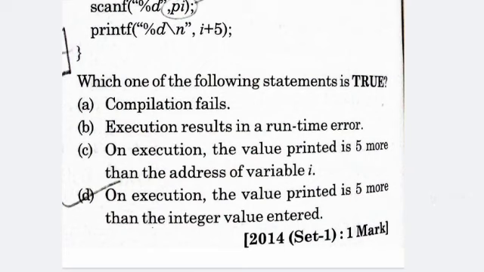Option A, compilation fails. Option B, execution results in a runtime error. Option C, on execution they print 5 more than the address of the variable i. And option D, on execution the value printed is 5 more than the integer value entered.